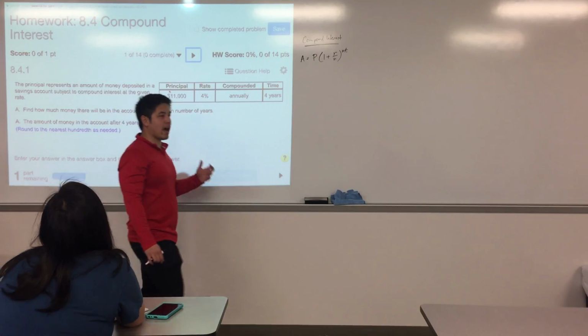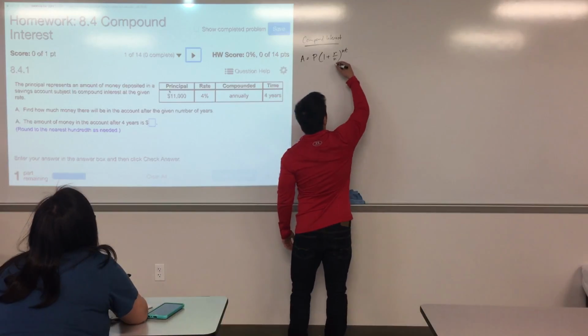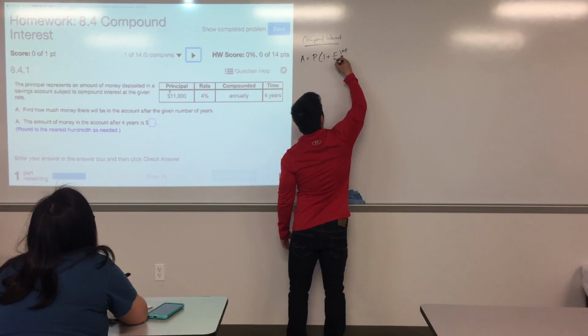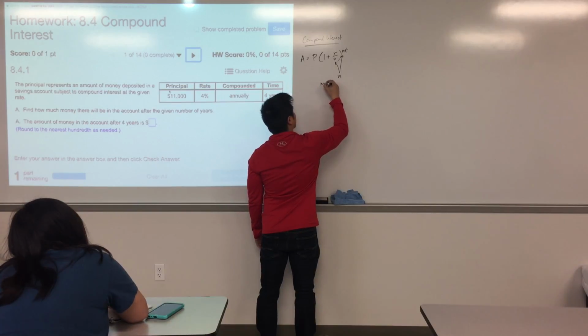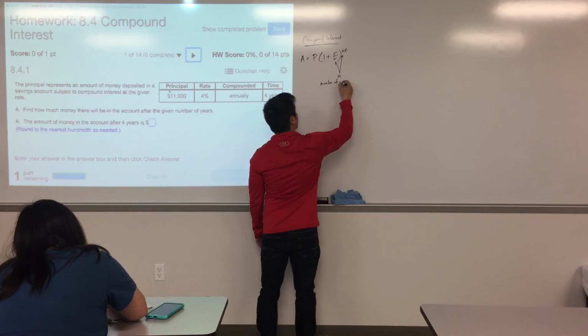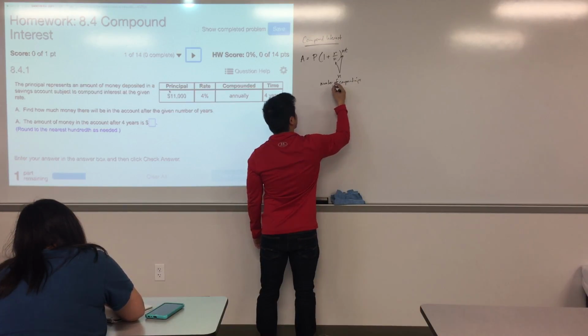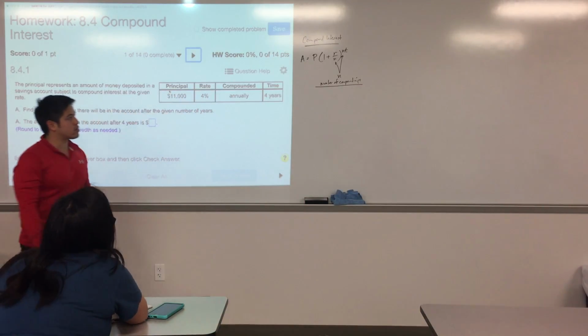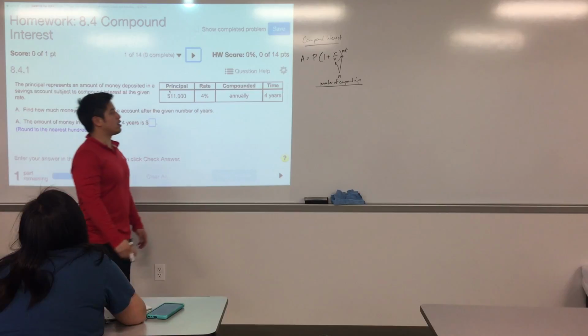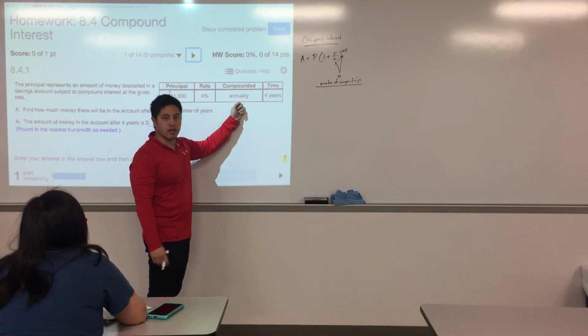And then we have a new variable, and this new variable is in two places. It is n, the number of compoundings, and it will change depending on what they say.